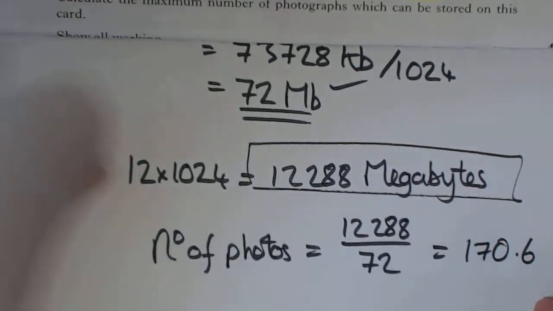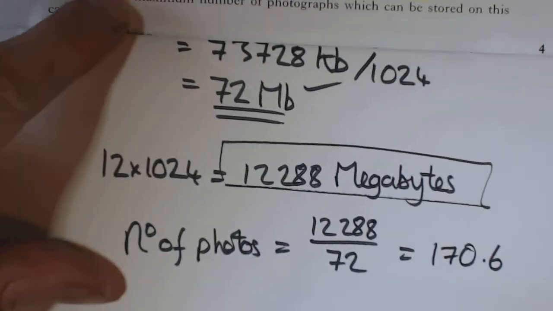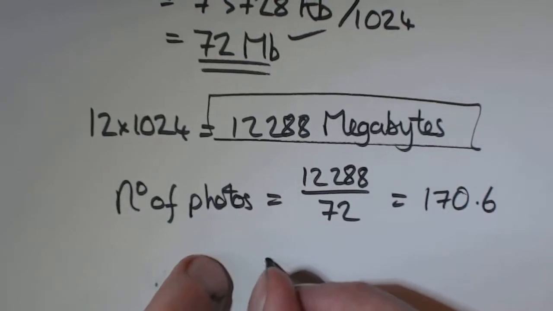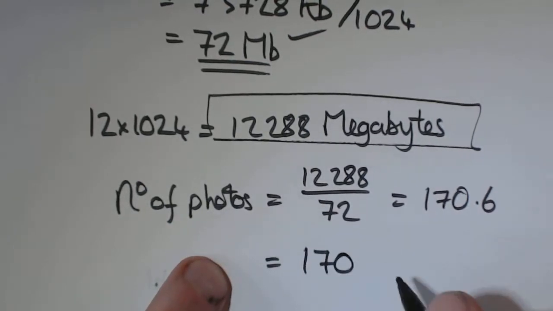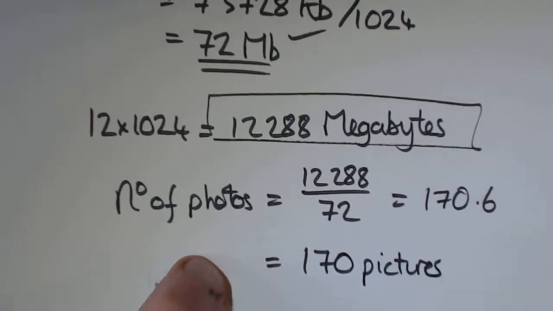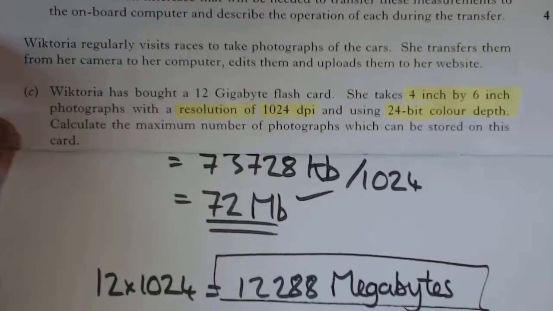You wouldn't leave your answer there because we're not going to be storing 0.6 of a picture. So in this case you round it down, giving 170 pictures. And that's how you answer that question.